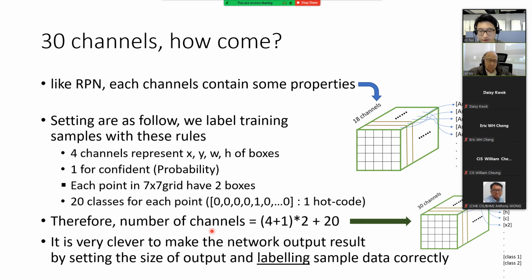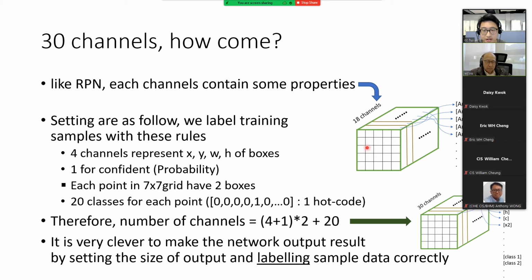Therefore the number of channels is equal to 4, which is the bounding box information, plus 1 for the confidence, and that is multiplied by 2 for the two boxes. Then because each point represents 20 classes, we add 20 here, but not inside the bracket, because we are talking about the point doing this job, not the box.